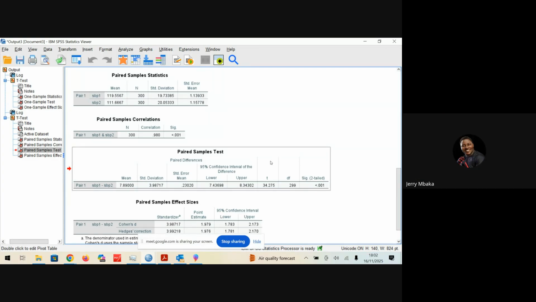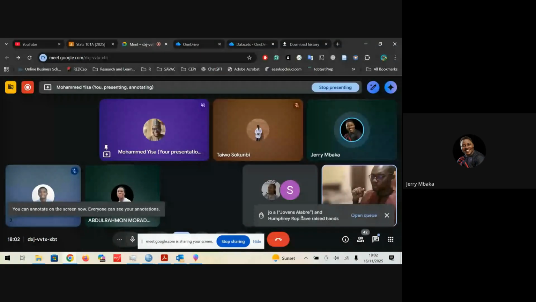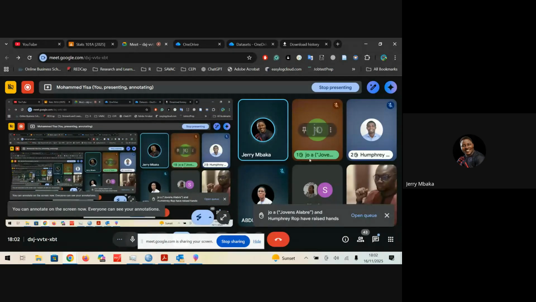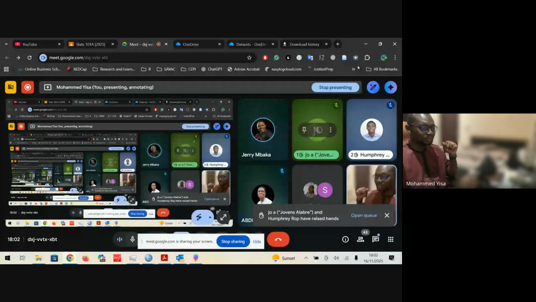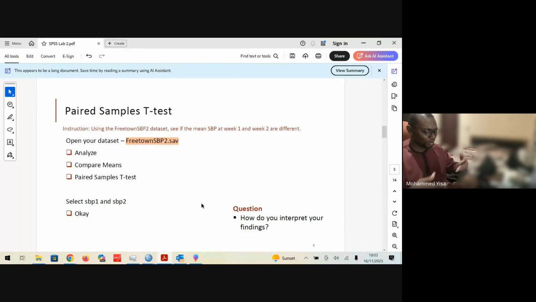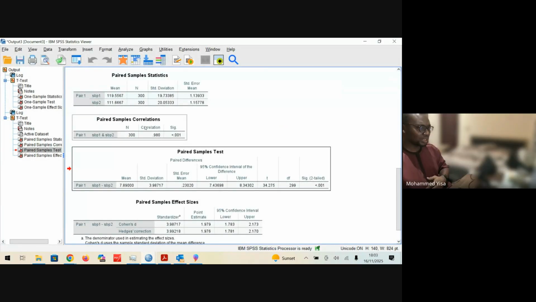Do you have other questions? Yeah, one quick question. The correlation we are seeing under the paired sample table. Oh, the correlation we are seeing there. Okay, is this Jerry? Yes. Please, just like I said, I don't see people's names, and I would like to interact meaningfully, so just say your name before you ask the question. So your question about this, right?